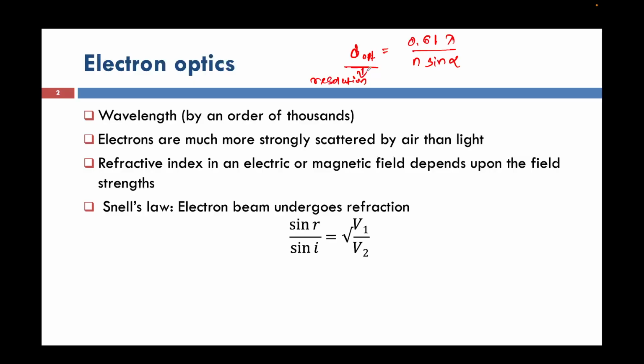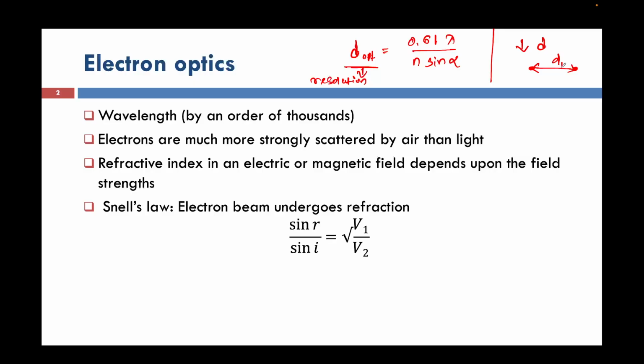Here, if we notice one thing, the smaller the d for our microscope, the better the microscope will be. Let's say I'm designing one microscope. Smaller d means my light optical microscope is able to give me resolution in the order of d1.